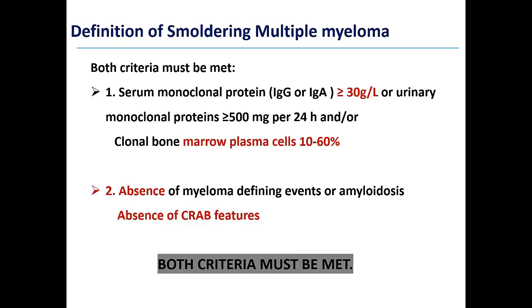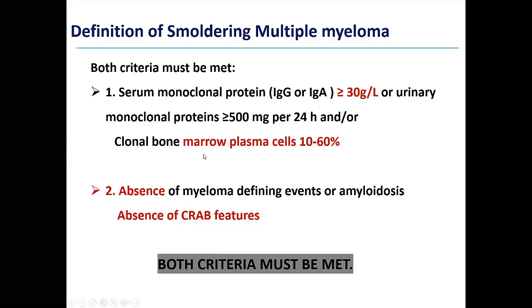Both the criteria must be met for definition. This is the most important thing. First is monoclonal protein more than 30 grams per liter or urinary monoclonal protein more than 500 milligrams per 24 hours, along with clonal bone marrow plasma cells in the range of 10 to 60%. They should be clonal.